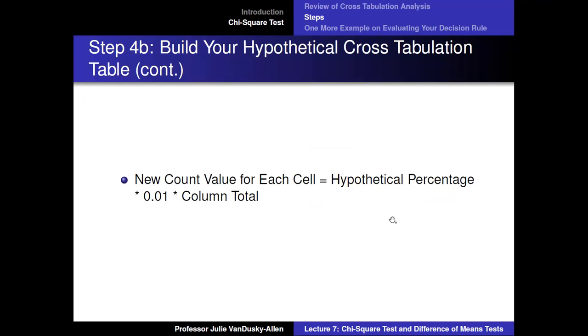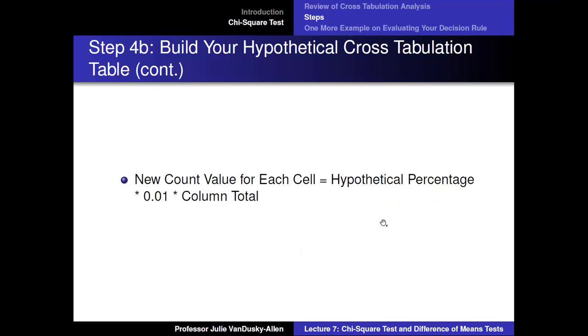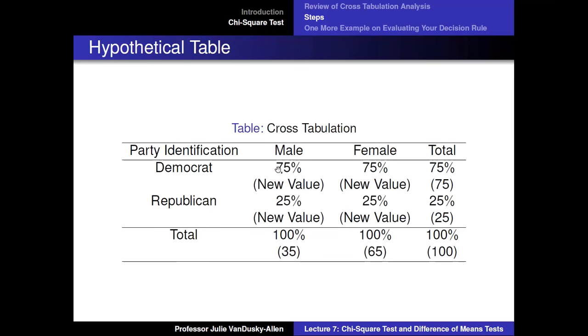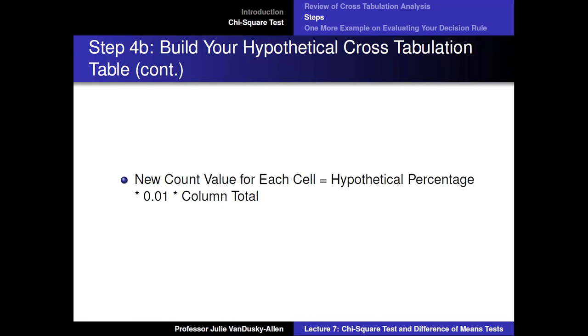Next, you have to insert new count values for the cells you added new percentages to. The calculation is new count value for each cell equals the hypothetical percentage times 0.01 times the column total. So for the male Democrat cell, it should be 75% times 0.01 times 35, which is 26.